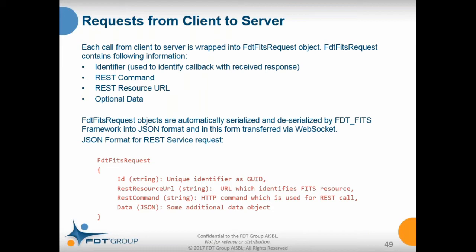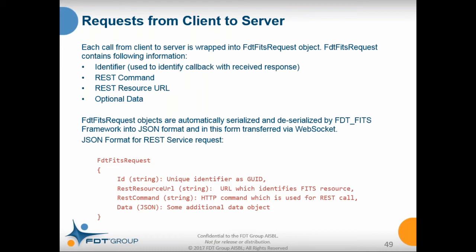The interesting thing here is that these objects, as I just said, are automatically serialized. We can serialize and deserialize them with this FDT FITS framework, and they are serialized into JSON format. In this JSON format, they can be transferred via our WebSocket transportation layer. Here you see an example of the structure of this request.